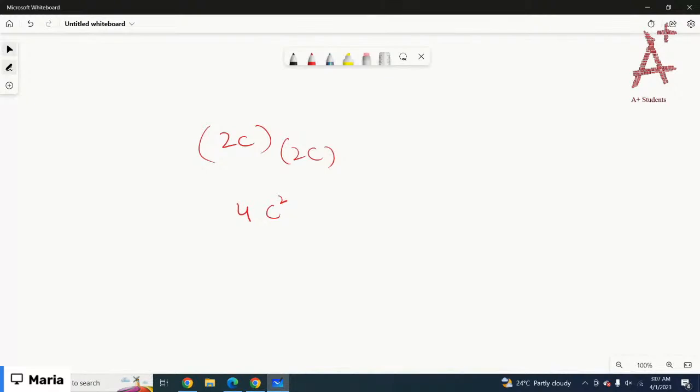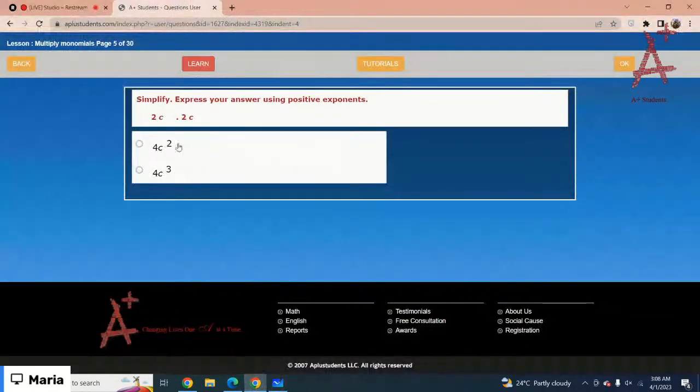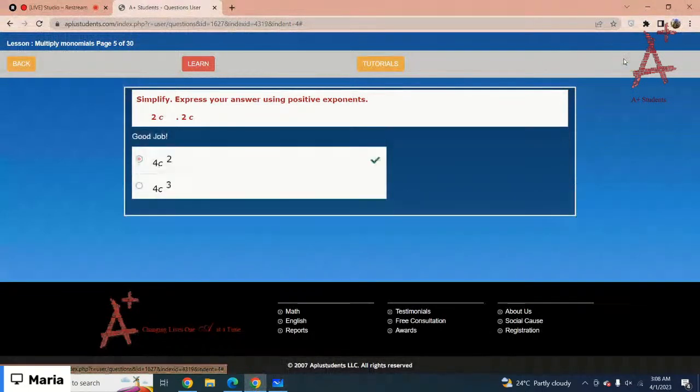So the correct option is 4C square. So just select the correct option and click on the OK button.